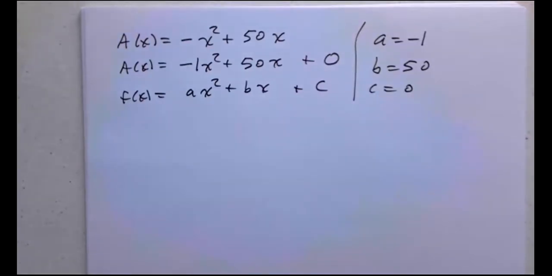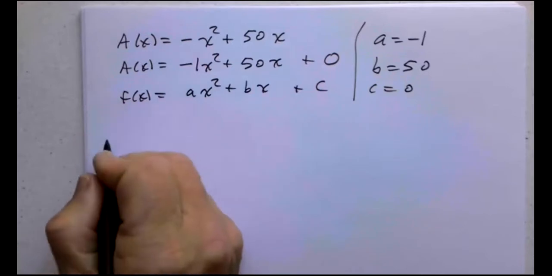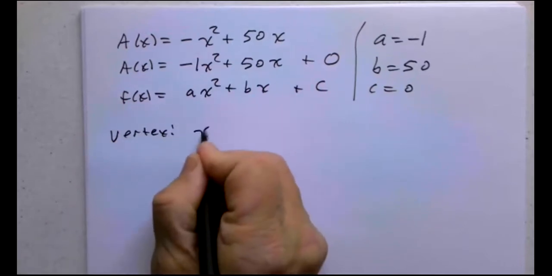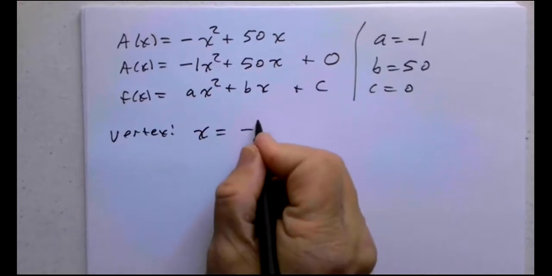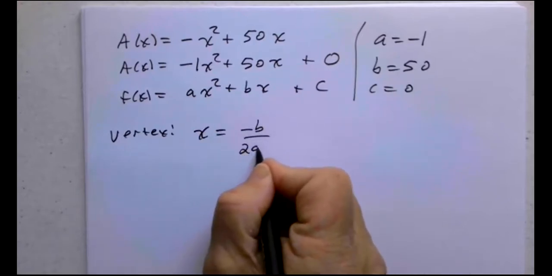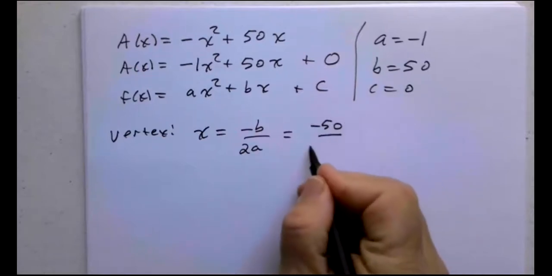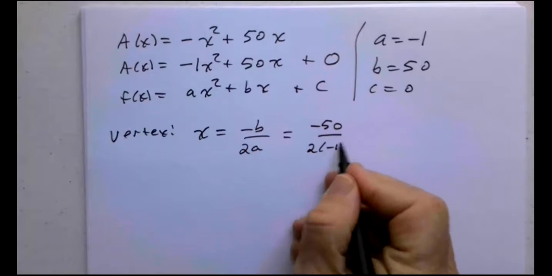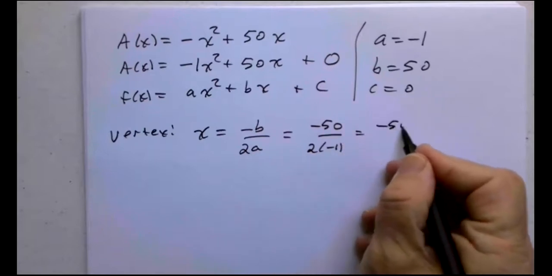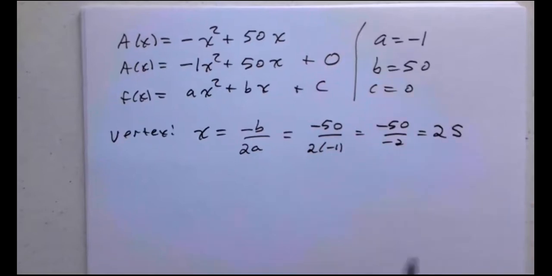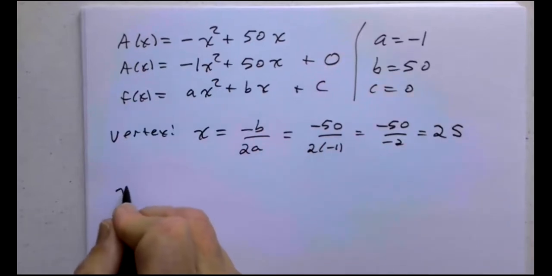We want to find the vertex of this, and we know that the vertex will occur at x equals negative b over 2a. So in our example here, negative b, negative 50 over 2 times negative 1, negative 50 over negative 2, which is 25. So the vertex occurs at x equals 25.